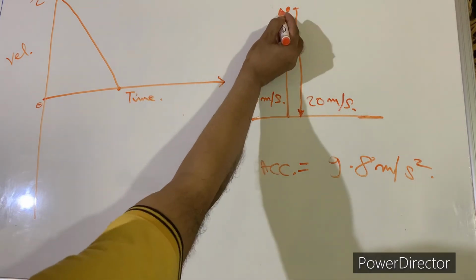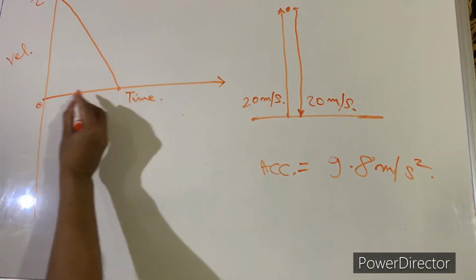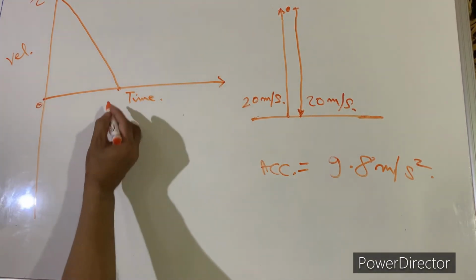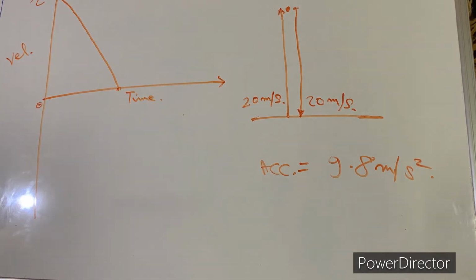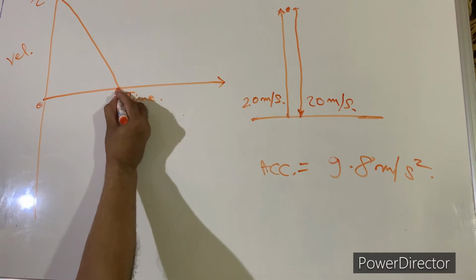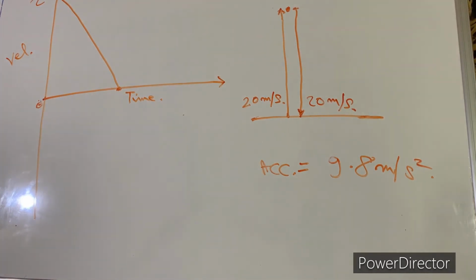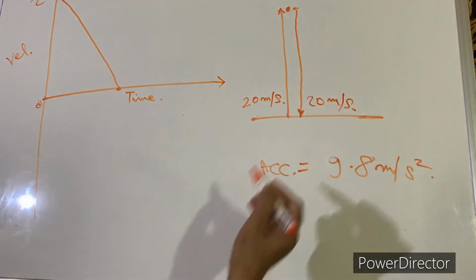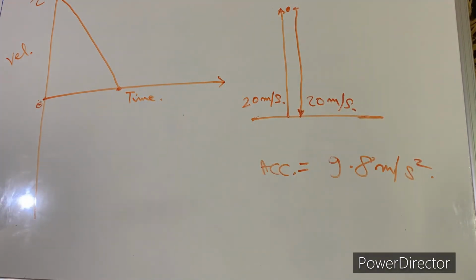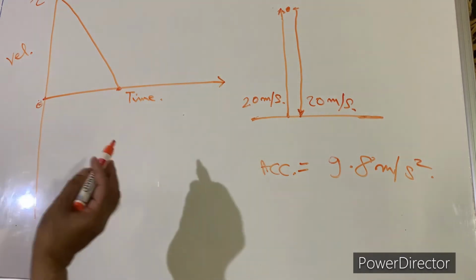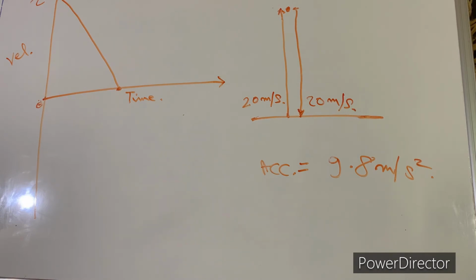When it reached the topmost point, its velocity became 0. Whatever the time was, you can calculate later as a problem. Then again, when it is falling downwards towards the earth's surface, the acceleration due to gravity will act on it, which is a constant acceleration. Hence the velocity time graph will be a straight line, isn't it?